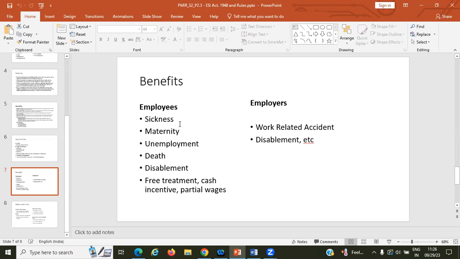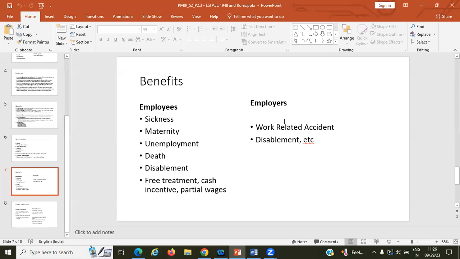Normal sickness and maternity, unemployment, death, disablement, free treatment, cash incentive, partial wages. Partial wages means loan; you are getting an advance.